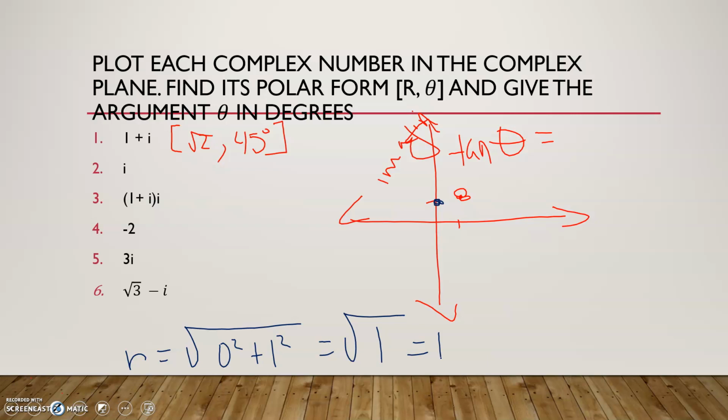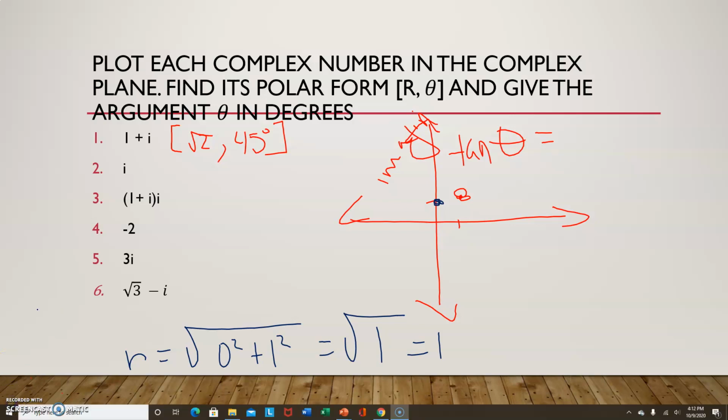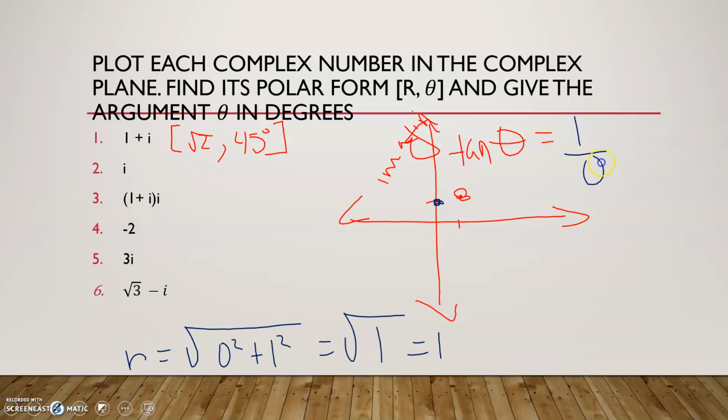For our angle, tangent is equal to 1 over 0, so tan inverse of 0. You would get 0, but we know we're not talking about the 0, it would be 90. So if I look at my unit circle, I see that it's actually 90. So I get 1, 90.